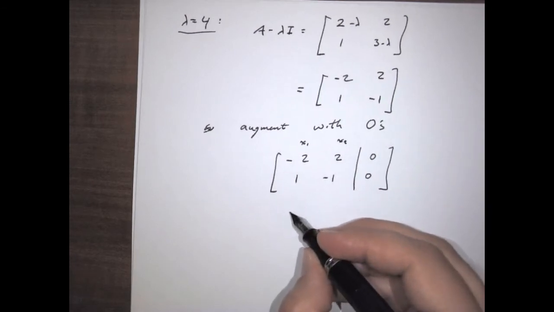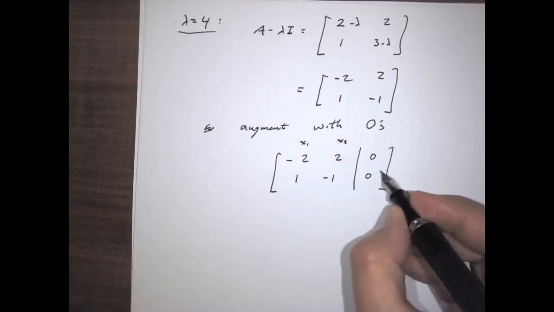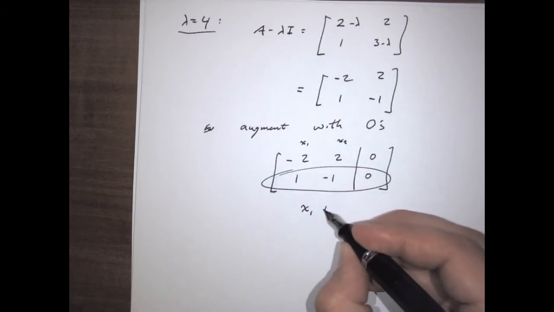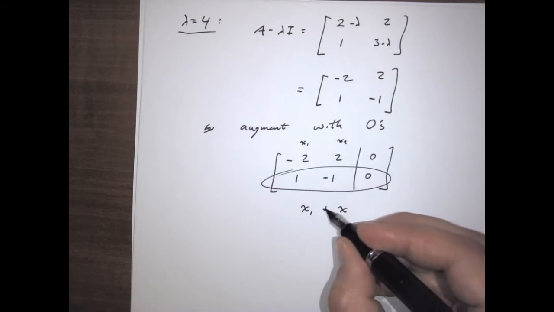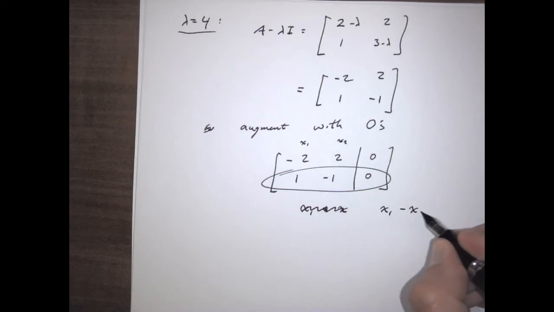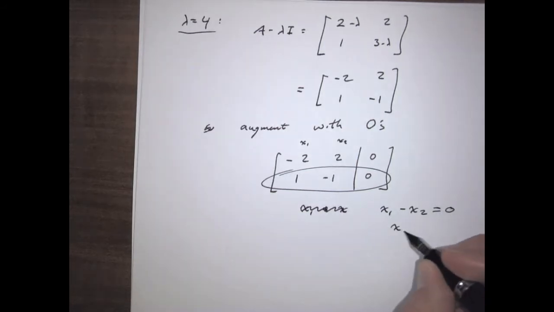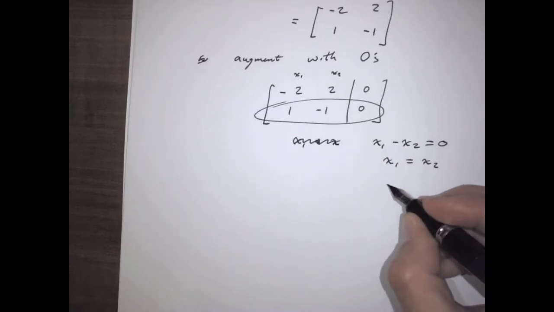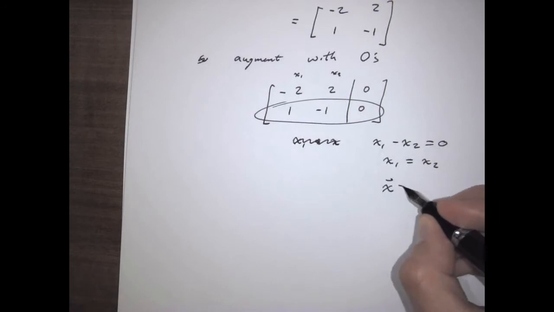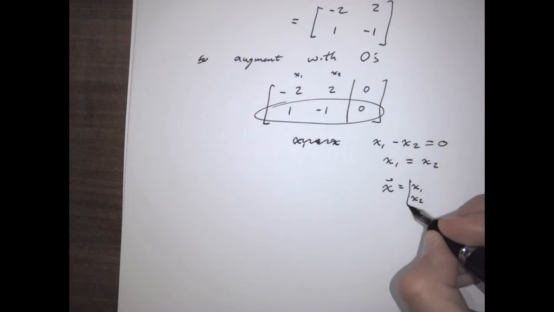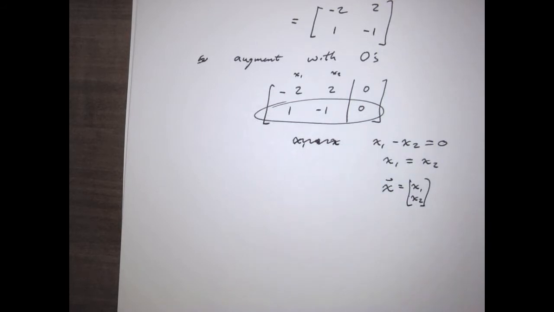So if you take either of these two equations, for example, just this one because it's easier, that gives us x1 minus x2 equals 0, which means x1 equals x2, which means that x, which equals x1, x2, will just be two copies of the same thing.